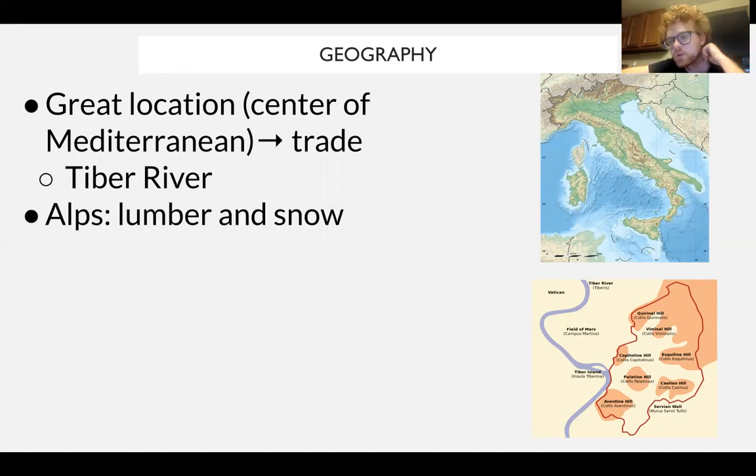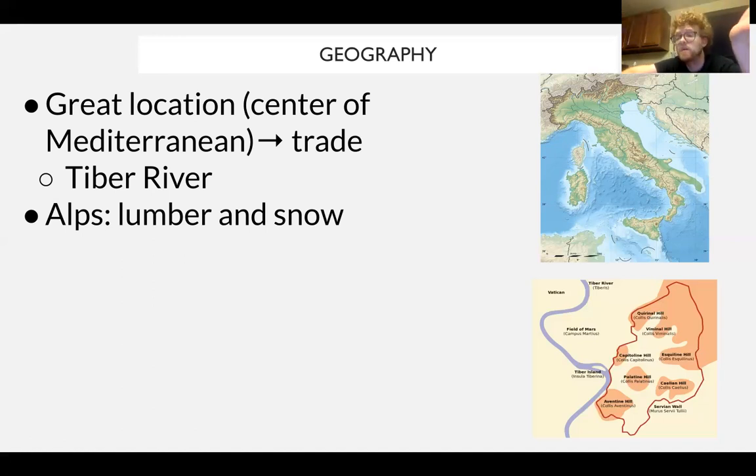We also have a pretty good spot in terms of natural resources. There's lumber in order to build up cities. This lumber is primarily coming from the north of Italy, but there's also snow in the Alps of Italy. And why is that important? Well, snow melts, in case you didn't know.